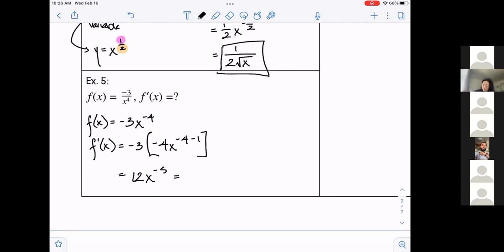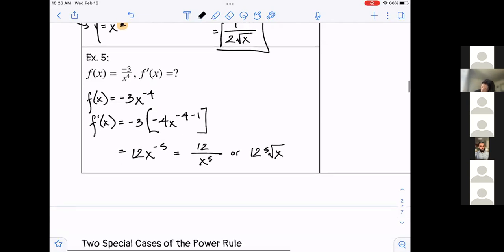12 over x to the 5th. Okay. So I think one option is 12 over x to the 5th. Or what are some other ideas? Like, what else could we write this as? Could you do 12 times the 5th root of x? 12 times the 5th root of x. All right, what other ideas do we have?